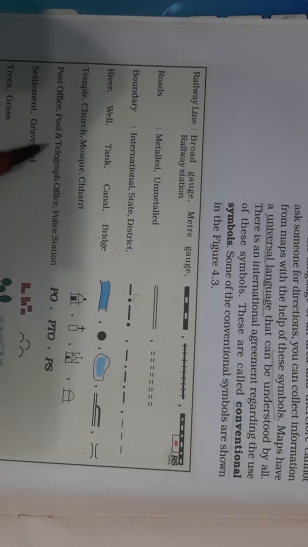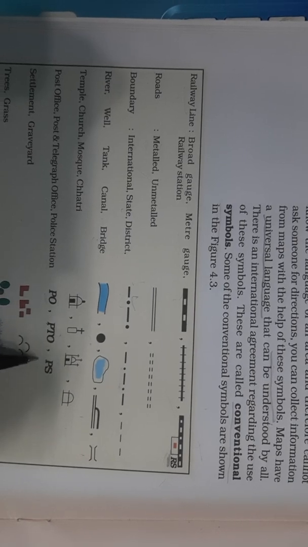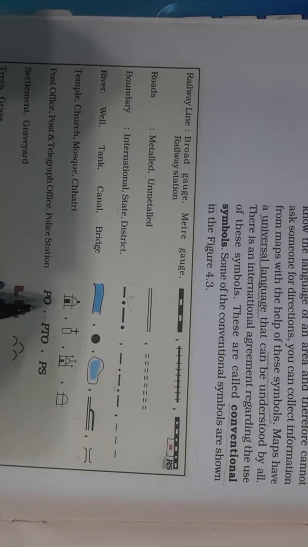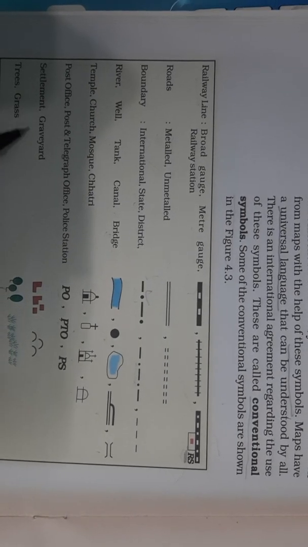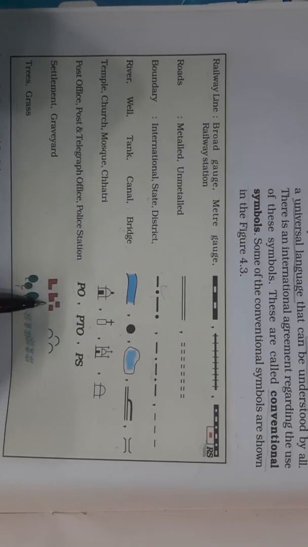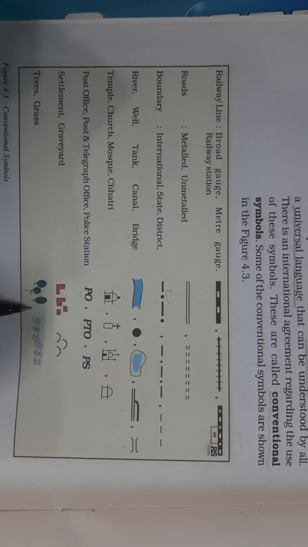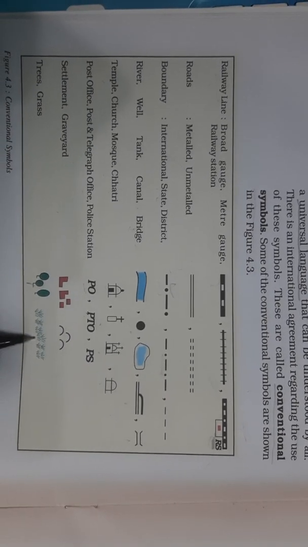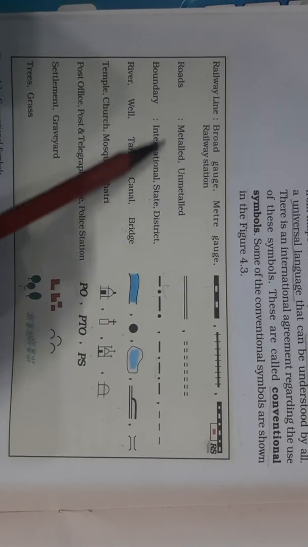Post office, post and telegraph office, police station are shown by this. So all three have particular abbreviation for themselves. Settlement and graveyard are shown by this symbol, and here is the graveyard symbol. Trees are shown as this and grass is shown as this kind of symbol. So these are the different symbols for these places.